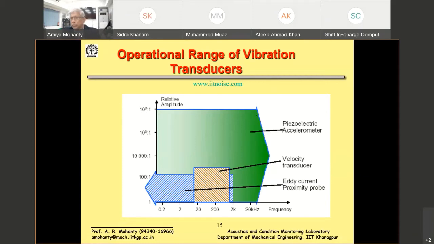Suppose the acceleration amplitude is a omega square, where a is the displacement amplitude. A omega square divided by omega is a omega, that is the velocity amplitude. A omega divided by omega is a, that is the displacement amplitude. So whenever I measure acceleration, very easily I can obtain the velocity spectrum and the displacement spectrum if required.